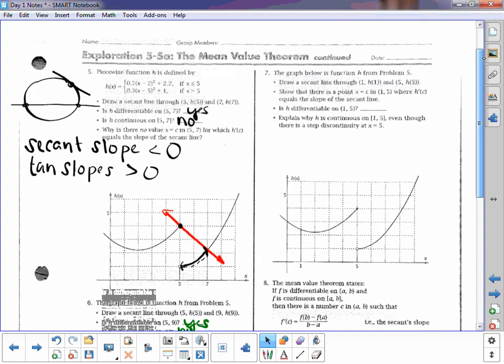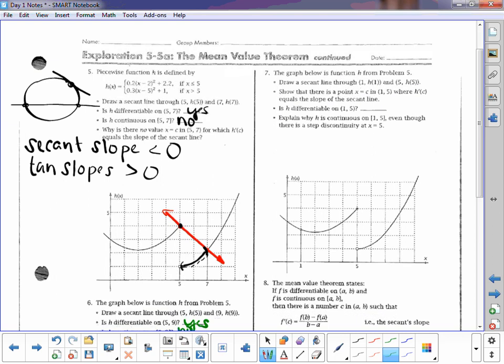So same graph, different interval. Now we're looking on the interval 1 to 5. And if I draw my secant line here, it says that there is a point within this interval where that tangent slope is the same as the secant slope. So drawing that in, somewhere around here.